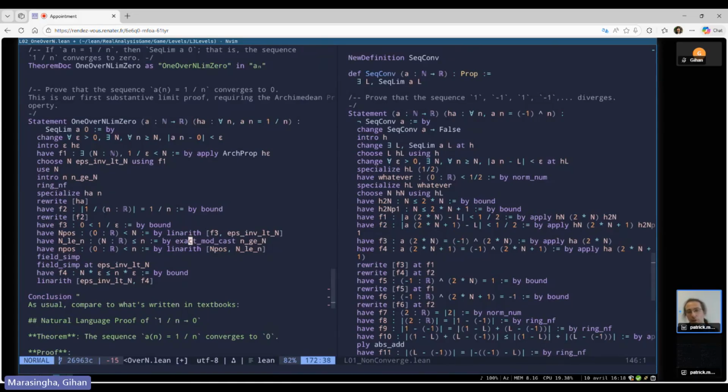And this, in particular, is really emphasizing the difference between natural numbers and real numbers, the fact that the inclusion of natural numbers into real numbers is not really an inclusion, there is a coercion, and you need to transform the inequality between natural numbers to inequalities between real numbers, and then learn a lot of lemma names.